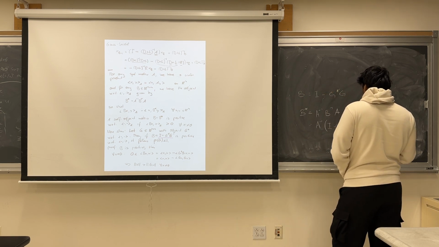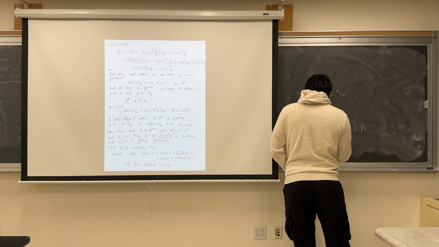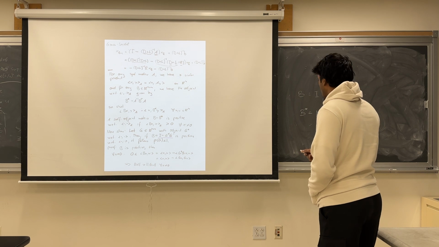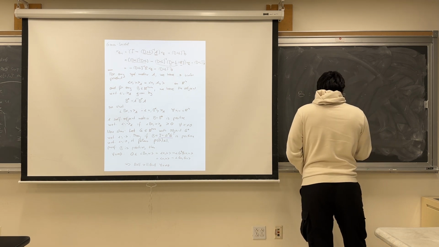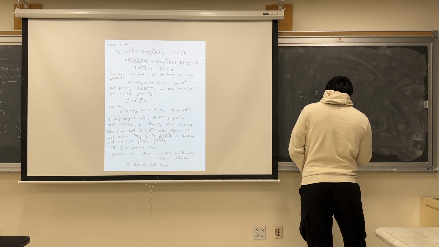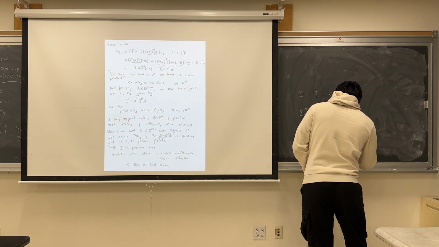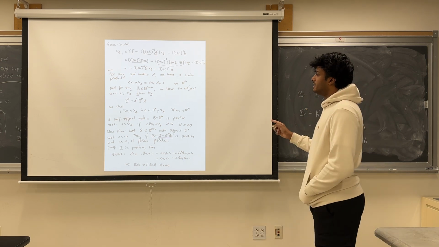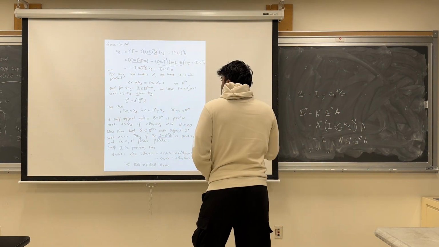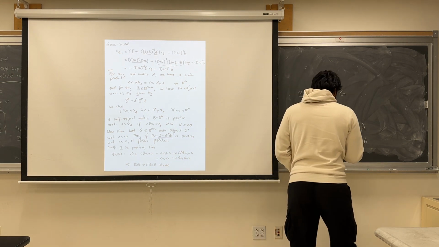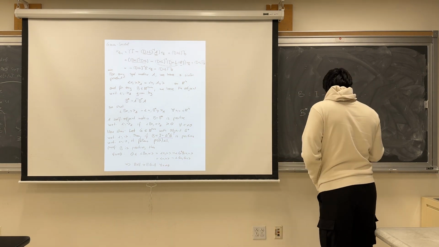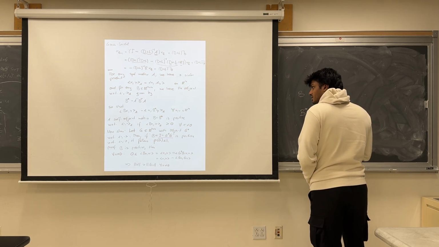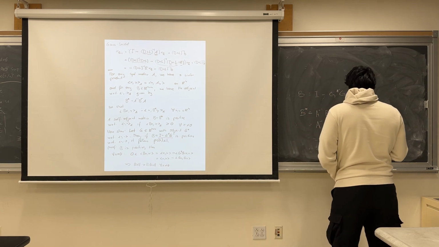Identity transpose is identity, so this is just I minus, right, I minus A inverse G transpose G star transpose A. Now let me write G star from here, and G star transpose will become A transpose B and A inverse transpose.